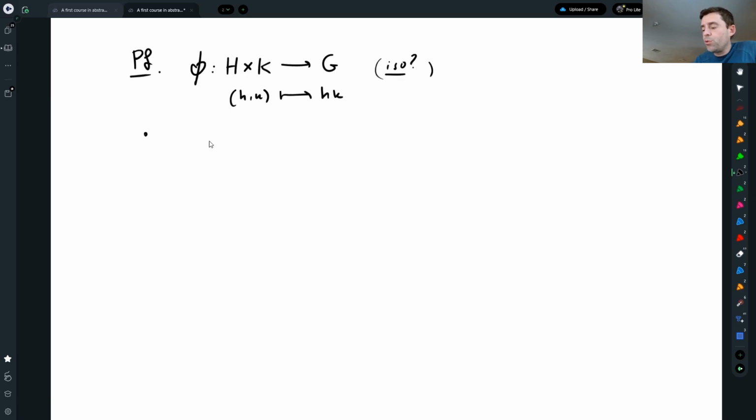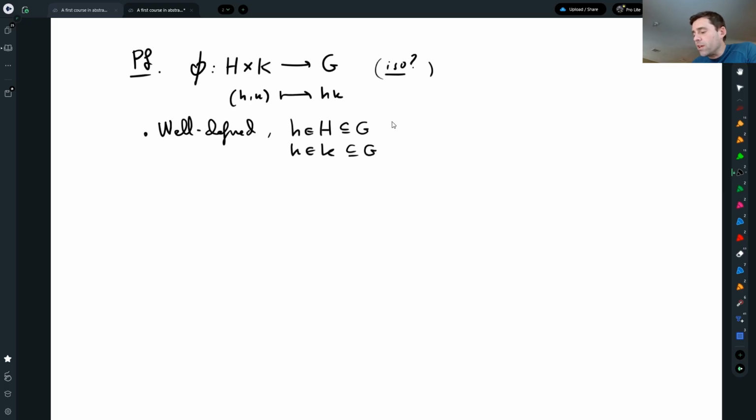So first, let's prove that it is well defined, because if h is in H and k is in K, these two are subgroups of G, so they are elements in G, and therefore h star k is in G because star is closed on G. Okay, we have the closure. G is closed under star.